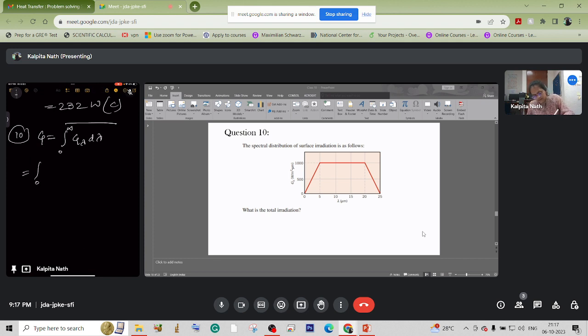So this is 0 to 5 micrometer, there is one trend of graph, so this is G lambda d lambda, plus from 5 to 20 there is one trend of graph, G lambda d lambda, plus from 20 to 25 there is one trend of graph, and from 25 to infinity there is one trend of graph.